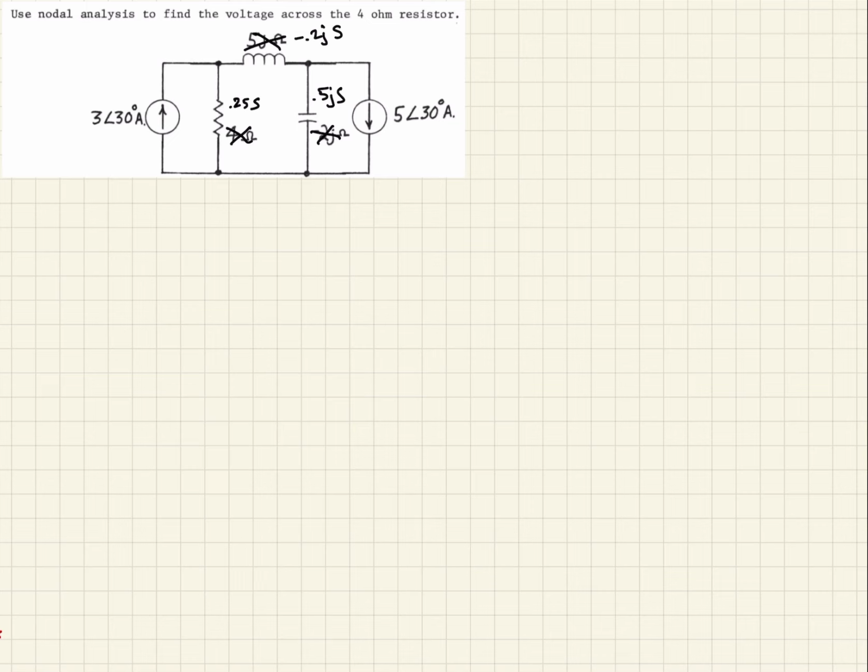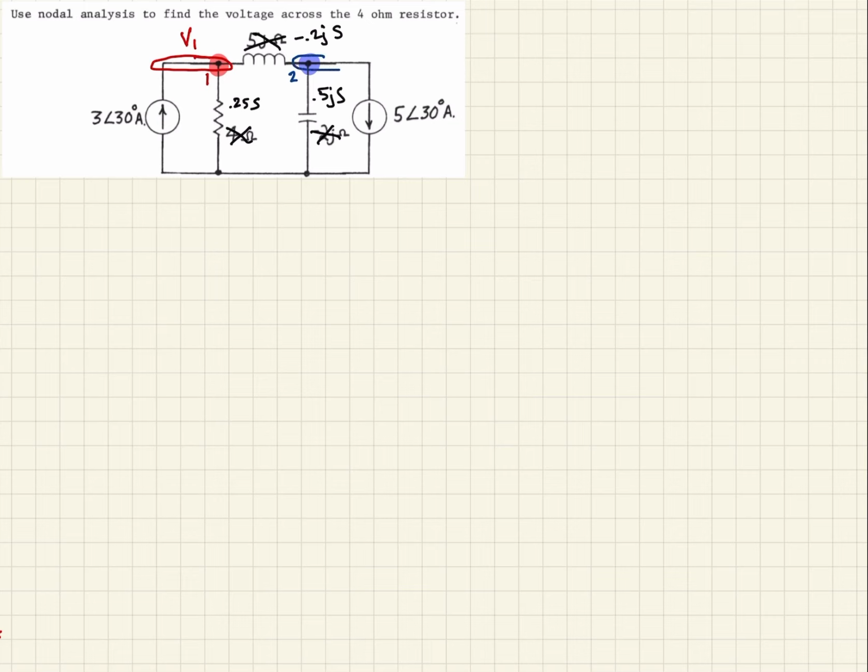The first thing we want to notice is we have a node here and a node here, and we're going to call this node 1 and this node node 2. We notice that this is the extent of the node here, so the voltage there we're going to say is V1.